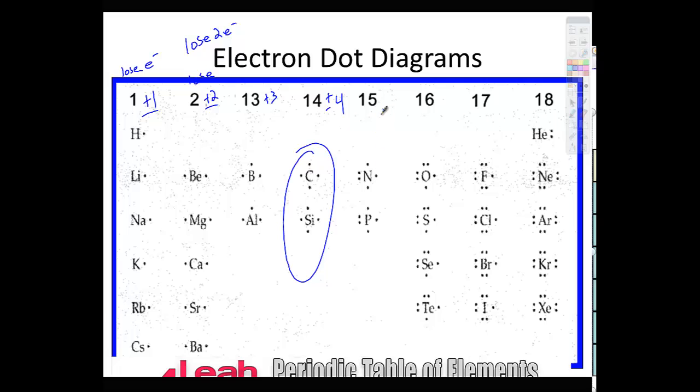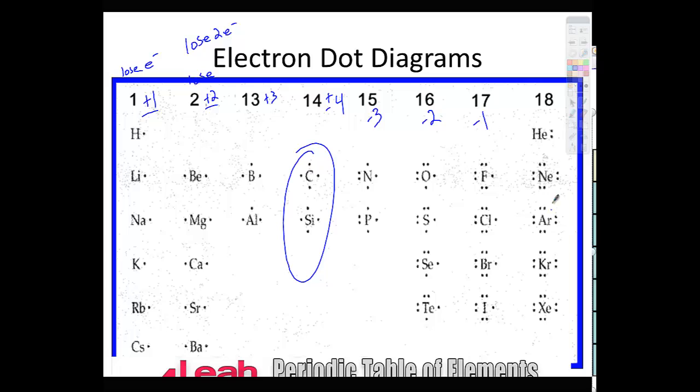Group 15, they've got 5 valence electrons, so I can gain 3 or lose 5. It's easier to gain 3, so if I gain 3, my charge becomes -3. Over here I've got 6, I want to gain 2 more, -2. Group 17, -1. Then over here, all these have 8 valence electrons, the exception being helium, which has 2.